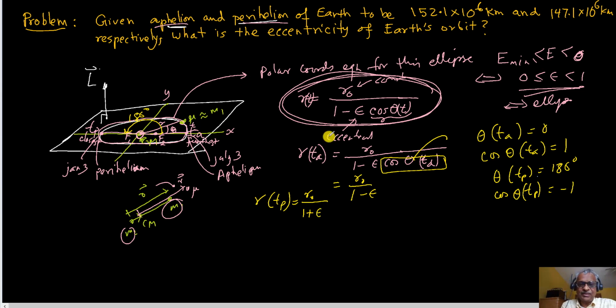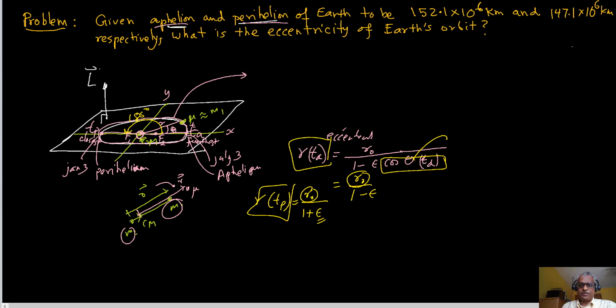So this is given and this is given, but I don't know what R0 is. But I really don't need to know R0 for epsilon, because I could take the ratio of these two, and that's what I'm going to do. So taking the ratios, let's call this R aphelion and this R perihelion. I take R aphelion over R perihelion.